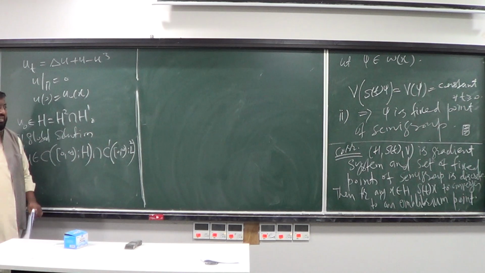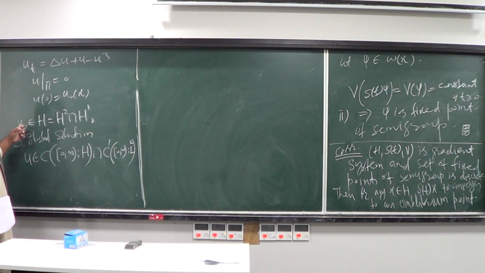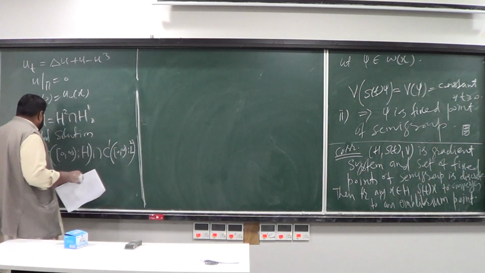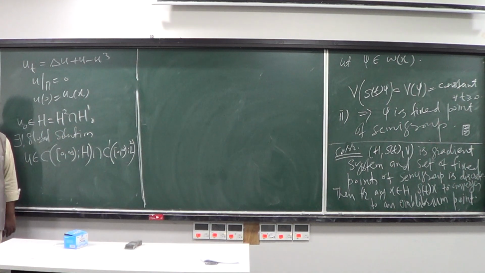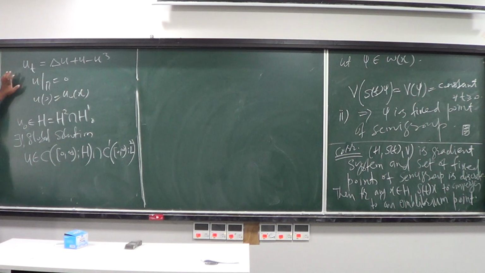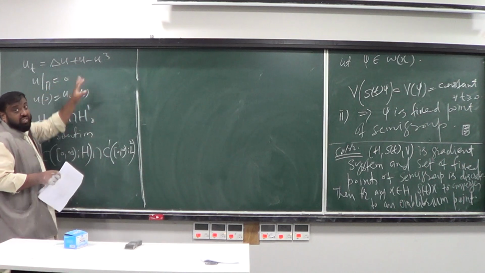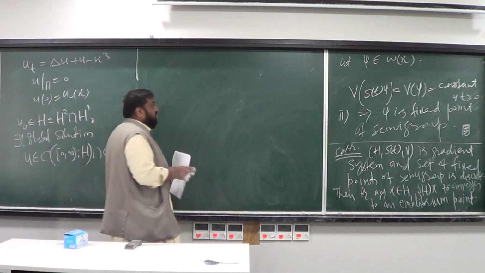So we have this. But in fact, if you take your initial data a bit more regular, then you can have even more regularity of the solution actually. Okay, but for us this is enough for now. So let's do what? Let's multiply this equation with u t, and then integrate with respect to x. In other words, take the inner product of this equation with the time derivative of u.